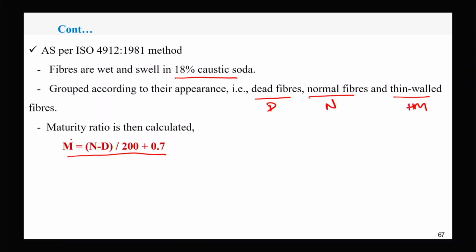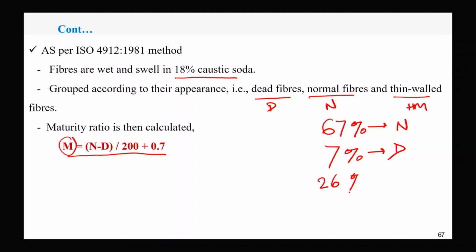This empirical formula is developed based on the assumption that typically 67% of fibers are normal fiber, 7% of fibers are dead fiber, and 26% of fibers are half mature fiber.